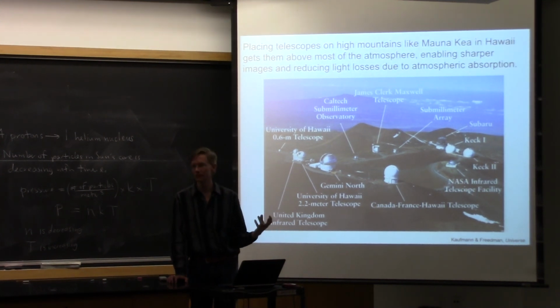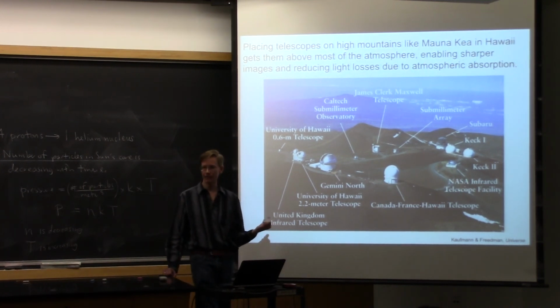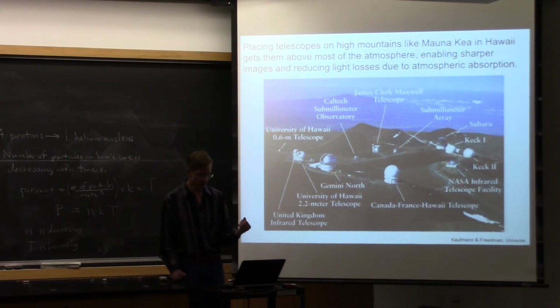It blurs images. Water vapor in the atmosphere absorbs infrared light very effectively. It's why water vapor is a good greenhouse gas, as they call them. Water vapor is the primary greenhouse gas in Earth's atmosphere.